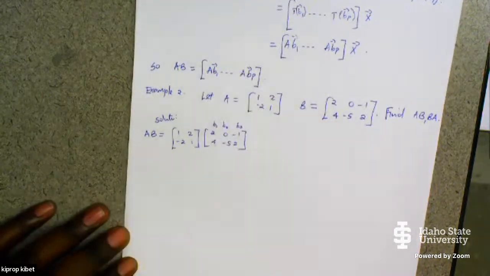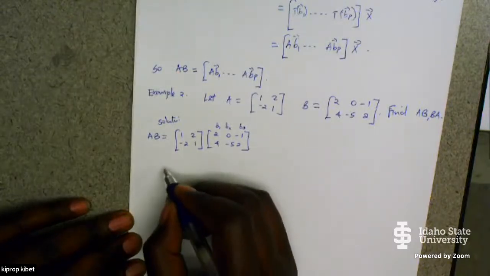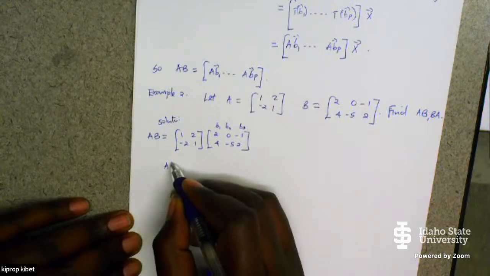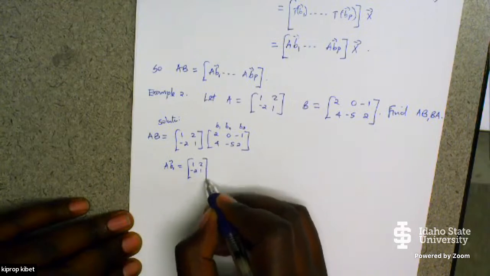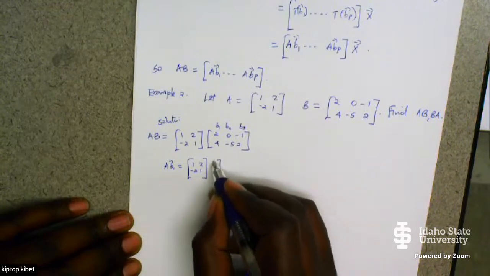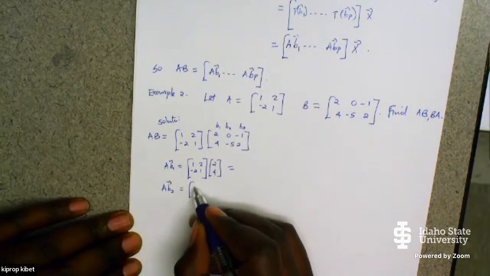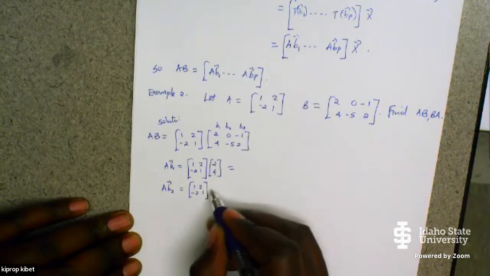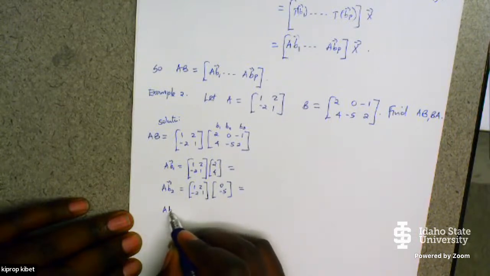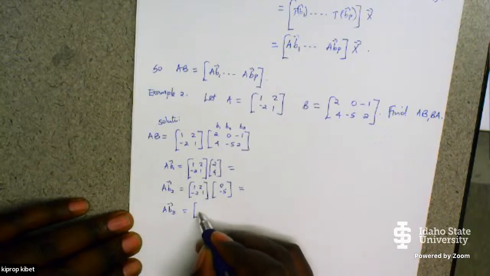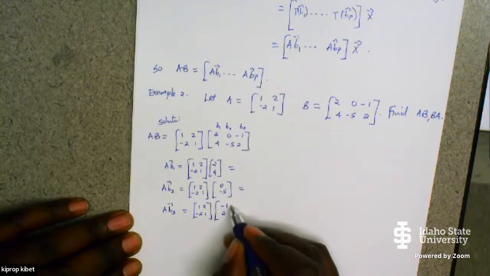So we take the columns as B1, B2, and B3. The first column is AB1, which is [1, 2; minus 2, 1] times [2, 4]. Then AB2 is [1, 2; minus 2, 1] multiplied by [0, minus 5]. And AB3 is [1, 2; minus 2, 1] multiplied by [minus 1, 2].